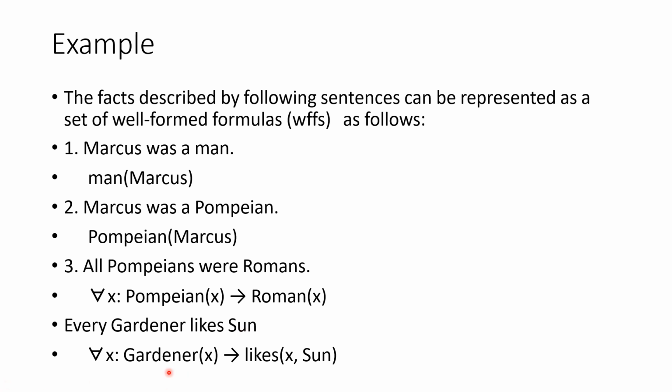So for all x, gardener(x) implies likes(x, sun). For every x, if x is a gardener, then x likes the sun. Here x is a variable, sun is a constant, and likes is a relation. All these are well-formed formulas because they follow the syntax rules of first order logic. So first order predicate logic allows us to represent individual facts and general rules using predicates and quantifiers.